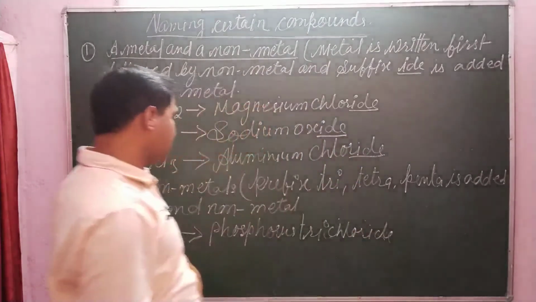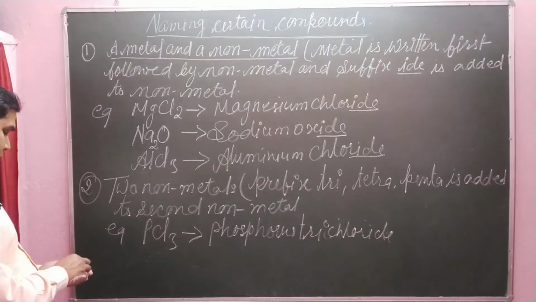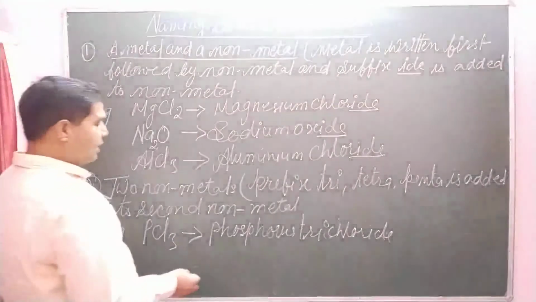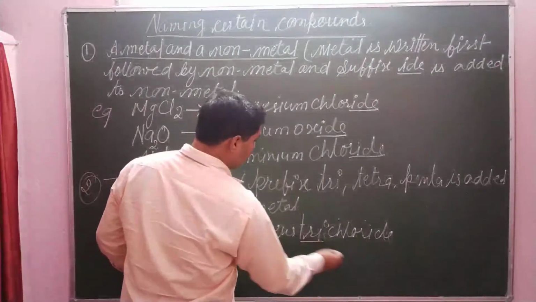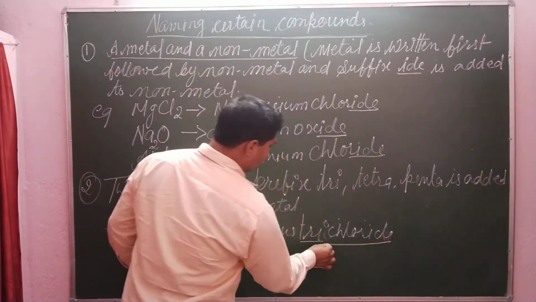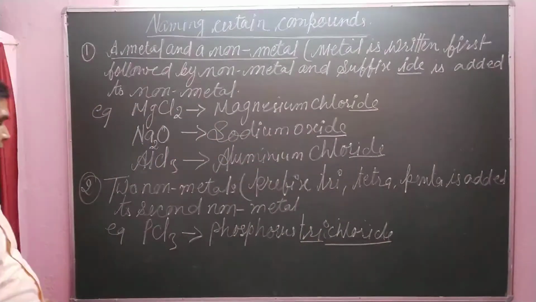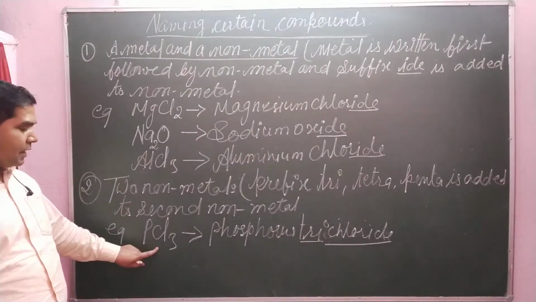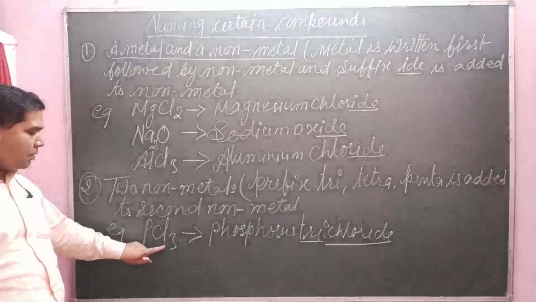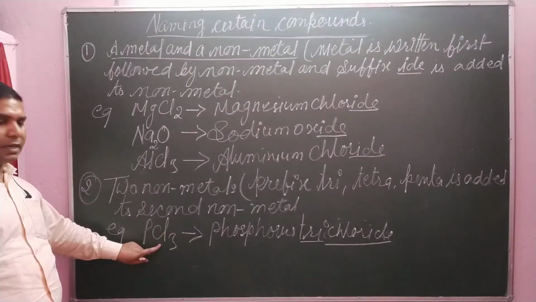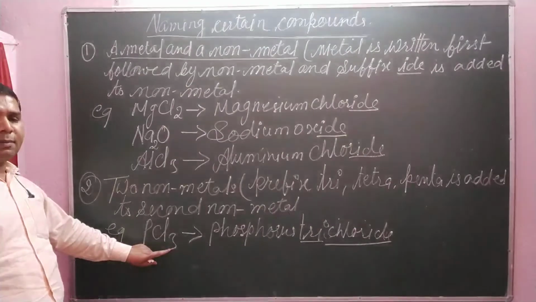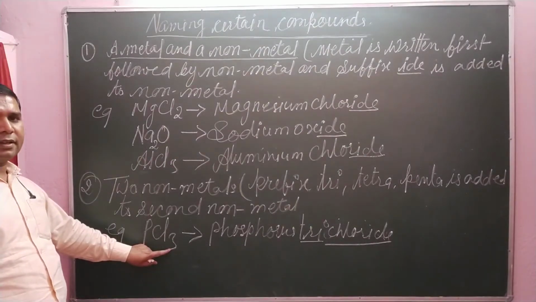Dear student, you see here the prefix tri is used before the non-metal, according to the number of atoms of the second non-metal. You see chlorine, the number of atoms is 3.